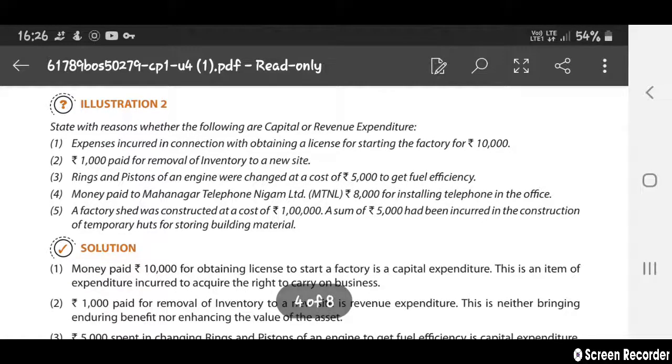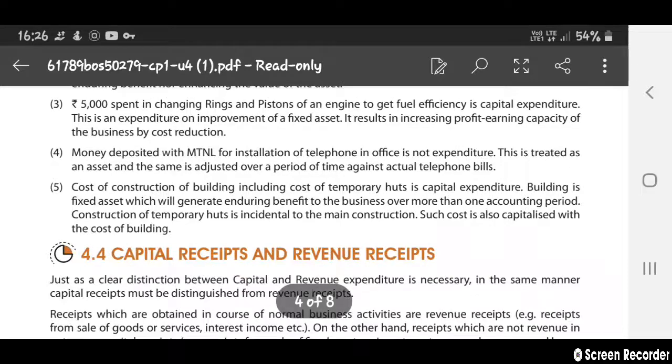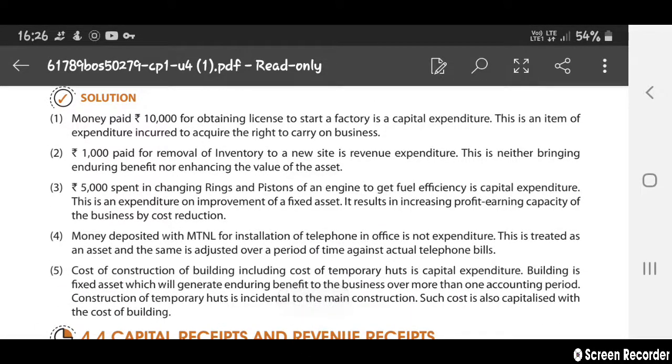A factory shed was constructed at a cost of rupees 10,000. A sum of rupees 5,000 had been incurred in the construction of temporary huts for storing building materials. So the cost of construction of the building, including the cost of temporary huts, is a capital expenditure.